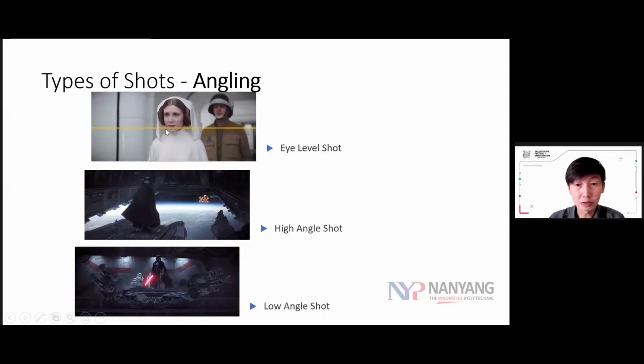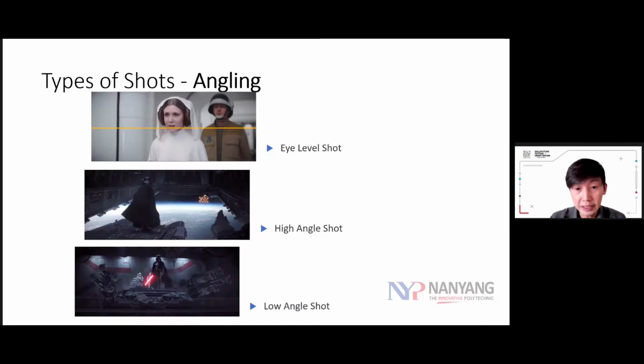The angling will be at eye level. Usually to establish characters talking and acting, we will use eye level to put the audience at the same level, so that the audience can relate.